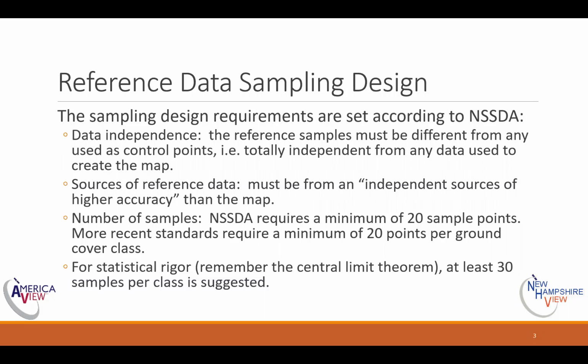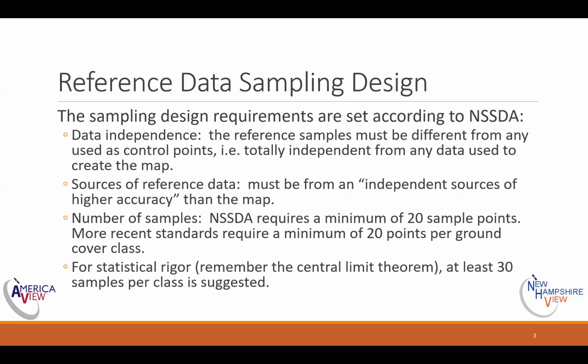The number of samples that we need. The standard that we use, NSSDA, the National Standard for Spatial Data Accuracy, requires a minimum of 20. Okay, so more recent standards, and we've talked about that in the last module, require a minimum of 20 points per ground cover class, per map class.